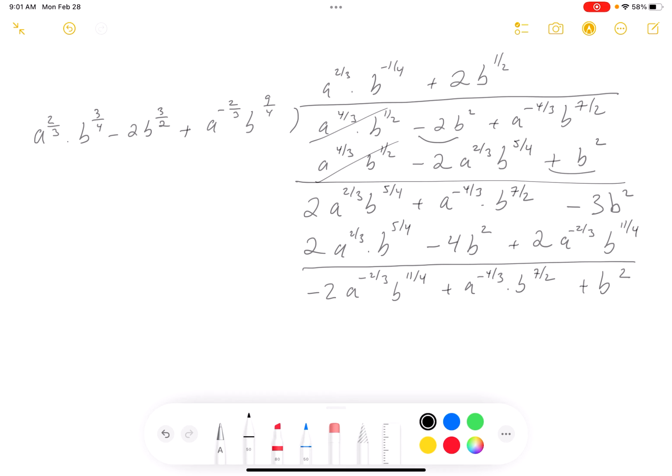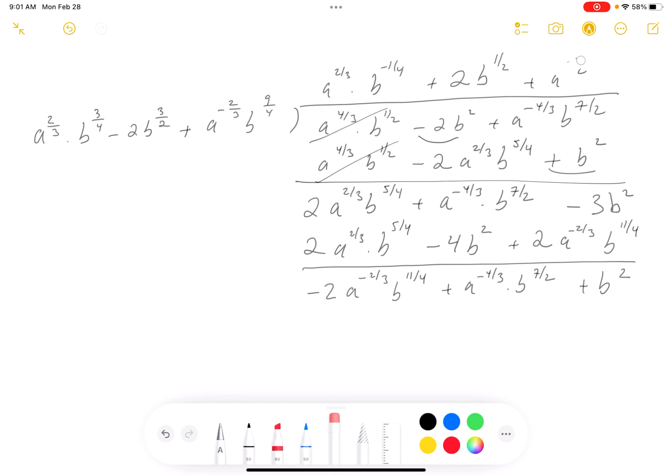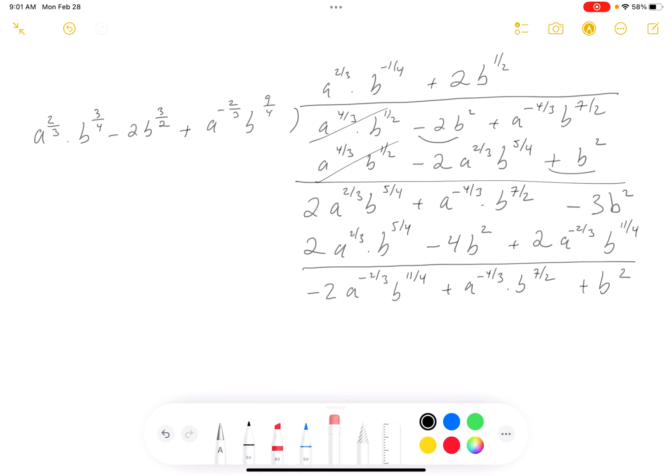I'm kind of looking around. And I'm going to try this. I'm going to try a to the minus 2/3. Whoops, I'm getting excited because I think I see something. Again, your mileage may vary from what you're doing, by the way.